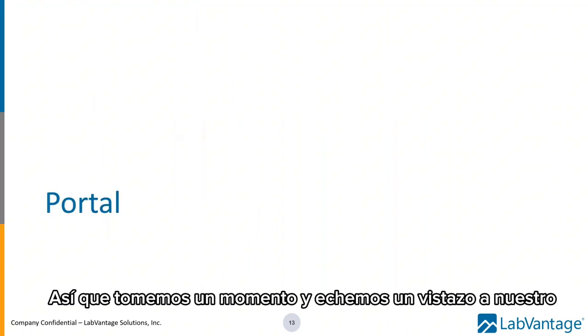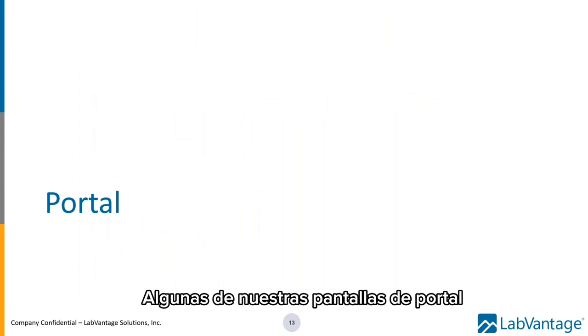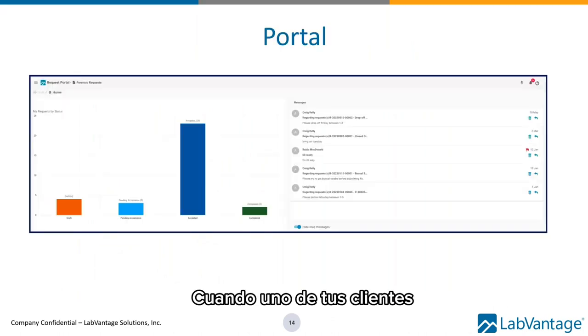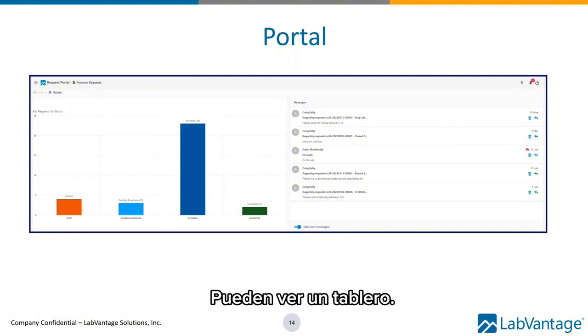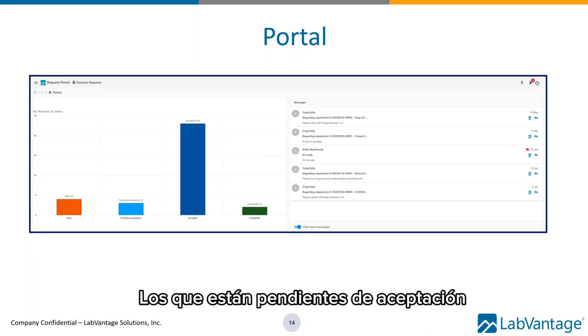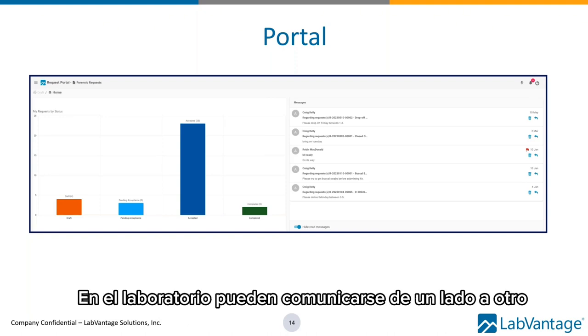Okay. So let's take a moment and just have a look at some of our portal screens. When one of your clients or one of your submitters logs into the portal, they can see a dashboard that shows all of their records that they're working on, the ones that are in draft status, the ones that are pending acceptance, the ones that are already being worked on in the laboratory.